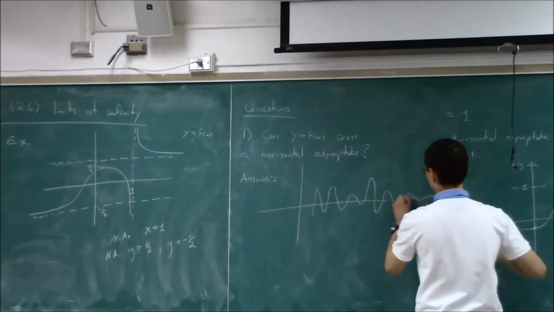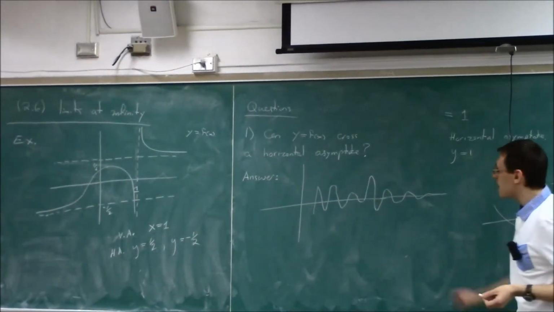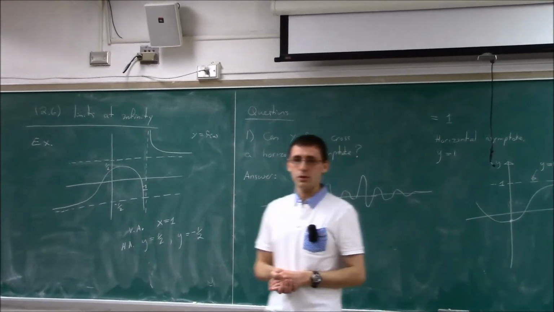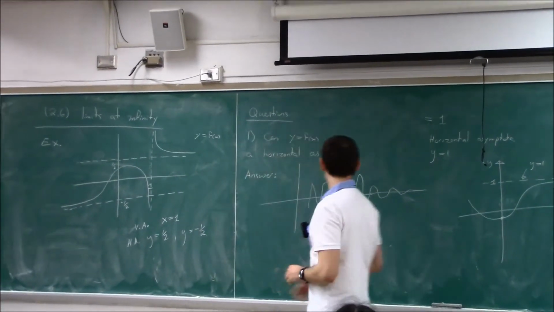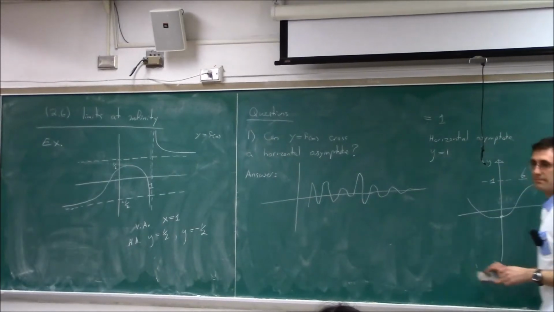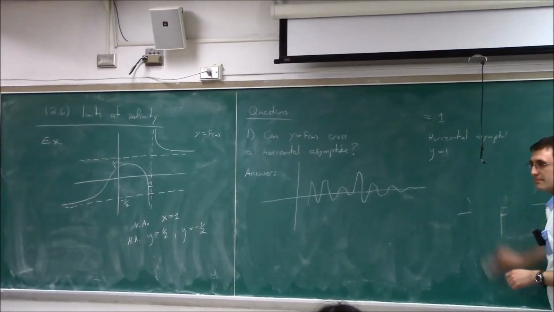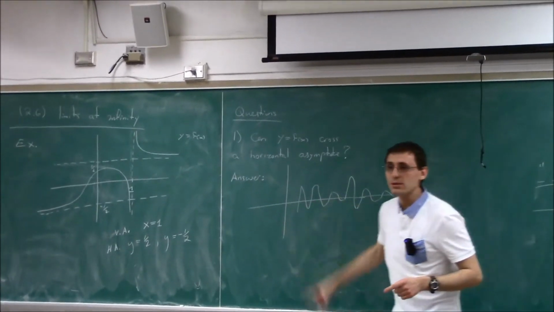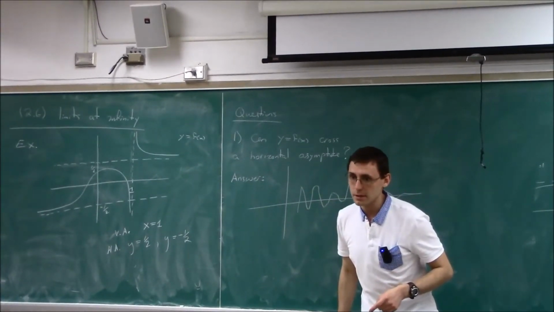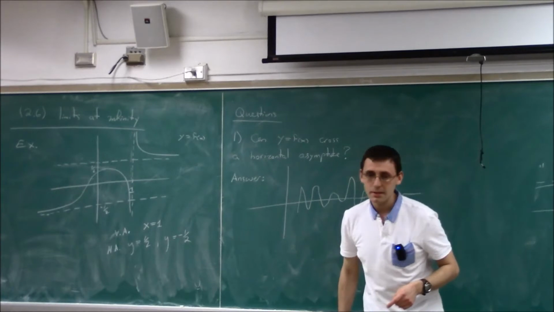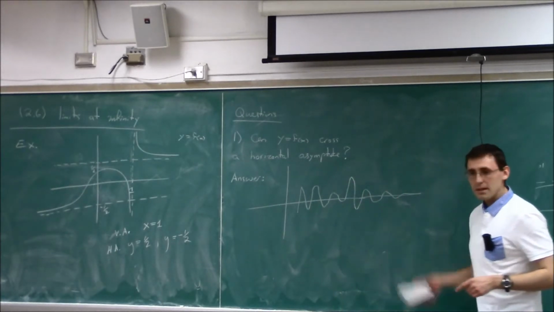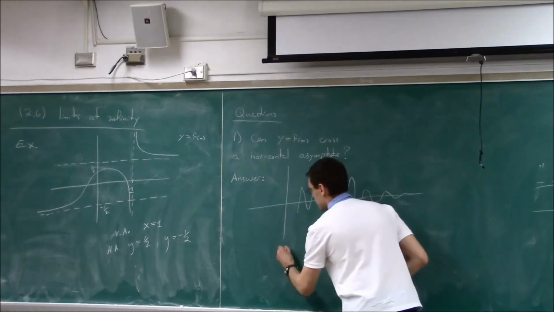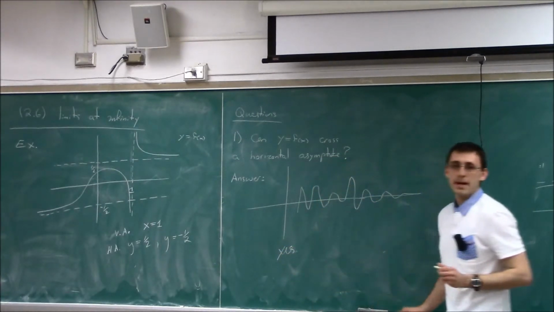So that is an example of a horizontal asymptote. A horizontal asymptote waits for us all, but one that you are continuously crossing as long as your heart is beating. So it's possible to cross a horizontal asymptote. The answer is yes. It is possible.